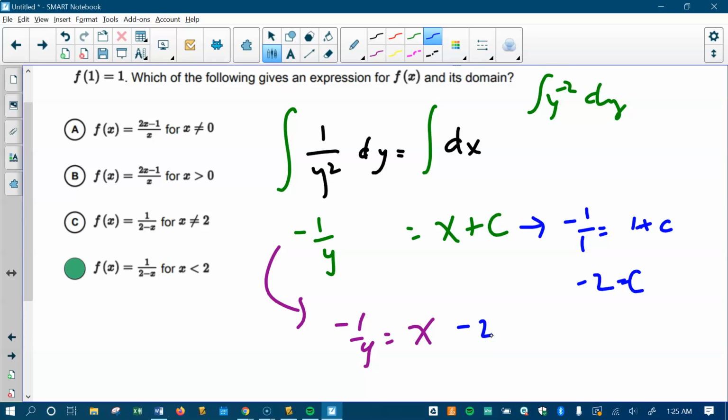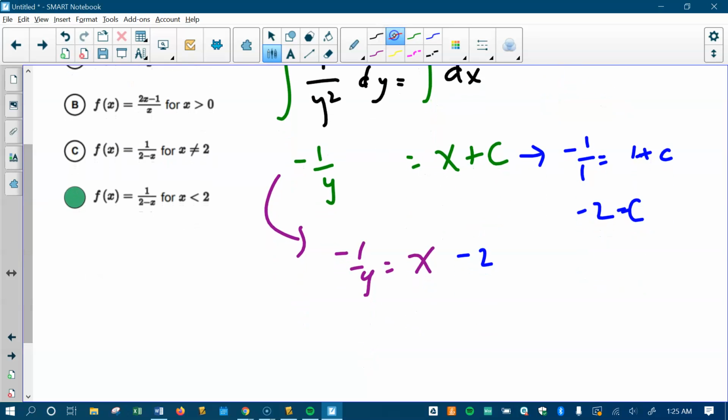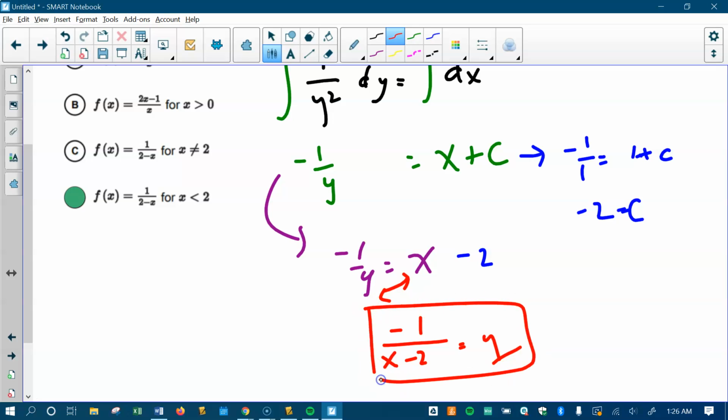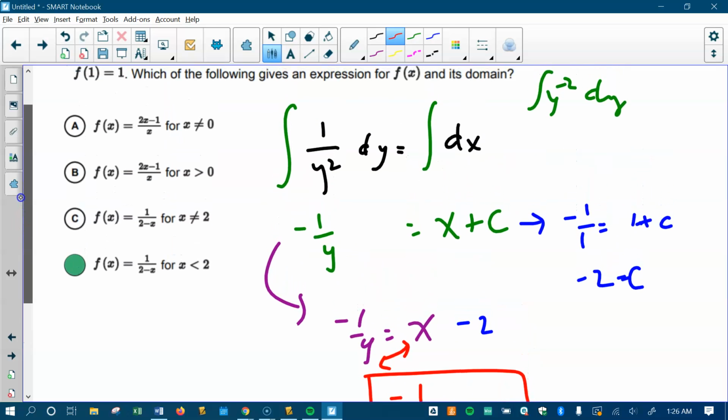And to solve for y, I do this fancy thing, which just switches these two. In other words, I multiply by y and divide by x minus 2. So all in one step, I get negative 1 over x minus 2 equals y. So here's my equation. Now, negative 1 over x minus 2 doesn't look like either of these answers.